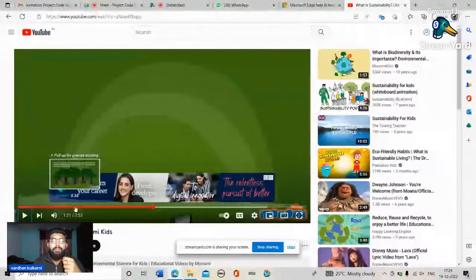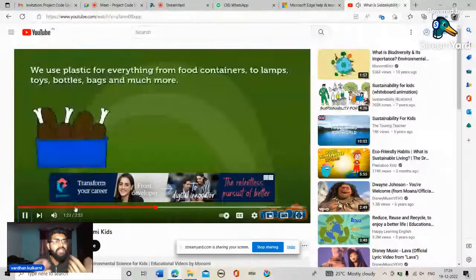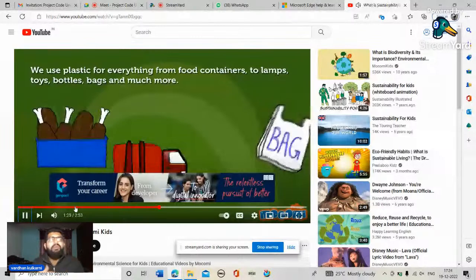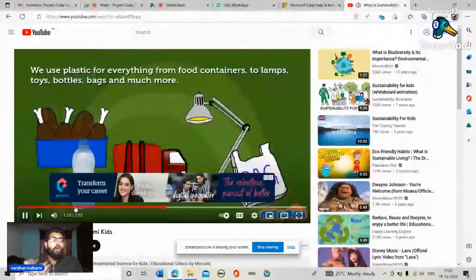Next, we use plastics again for toys, bottles, bags, and much more. These take a lot of time to decompose, and we will not have a better environment, which again creates havoc for the environment.